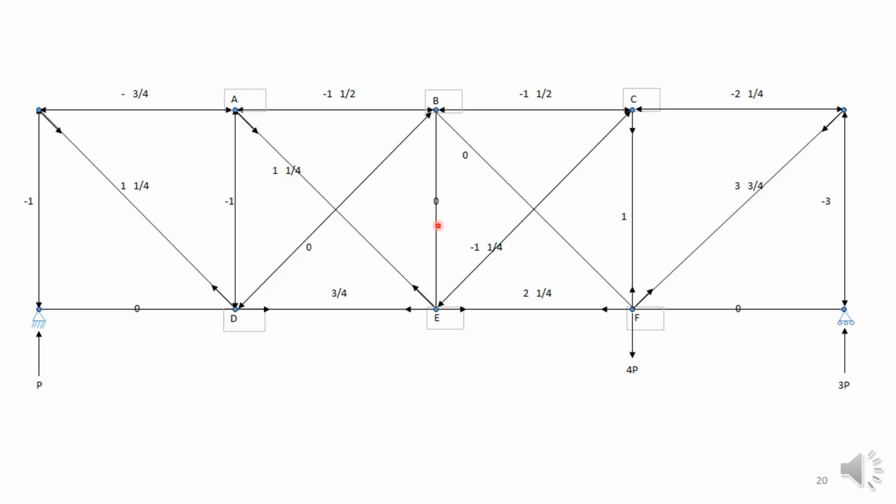So the primary structure is determinate, so you can find the forces in the members purely from the equilibrium conditions. But I'm not requiring you to use any primary structure here. As long as you can find forces in equilibrium at the joints, that's fine. Any method of doing it is fine.